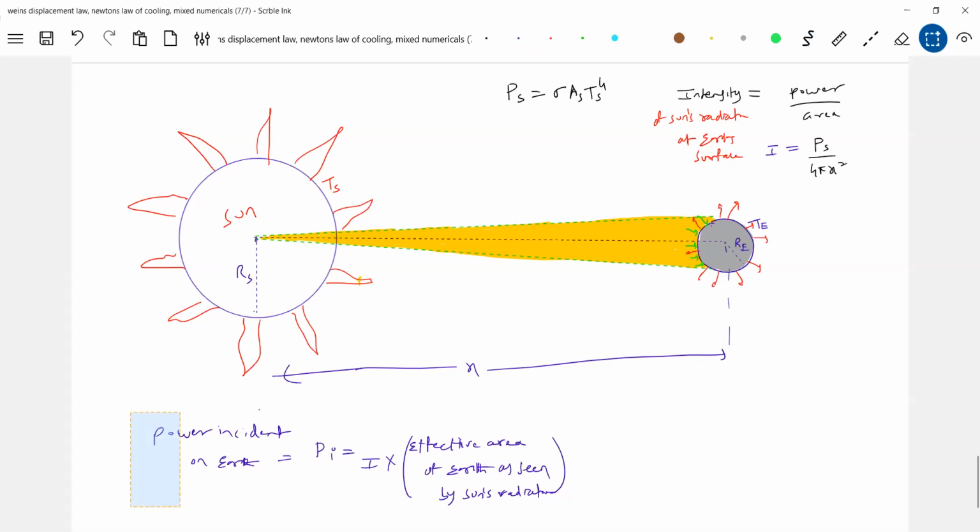Let me put it in order so it'll be easier. The same concept in modern physics we are going to apply very systematically. So, fine, this is the effective area.